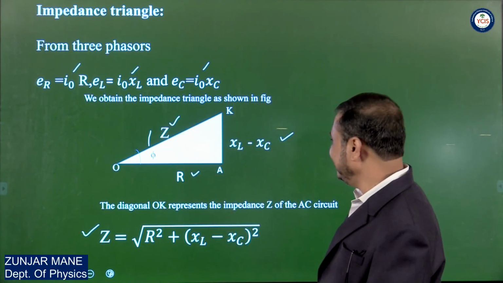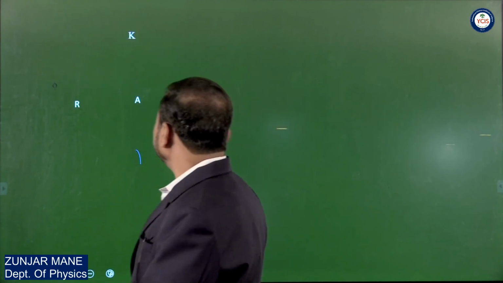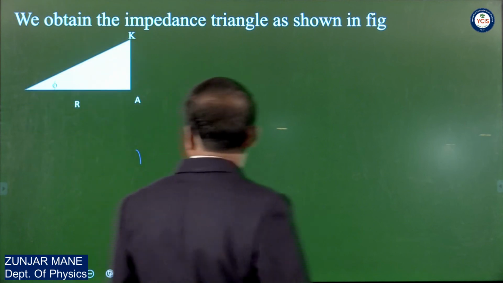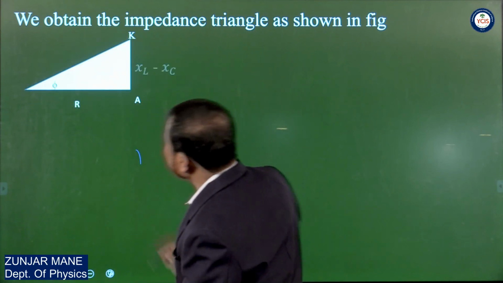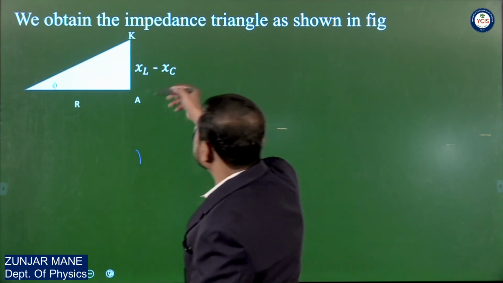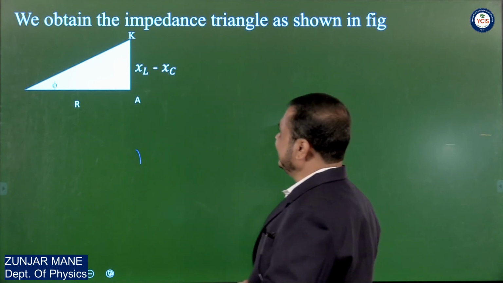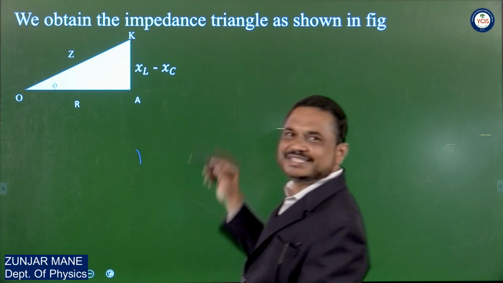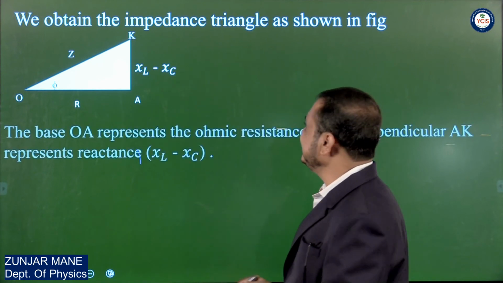So this is about the impedance triangle. In the same figure, XL minus XC is represented by AK, OA represents R, and OK represents Z, and the phase angle is phi.